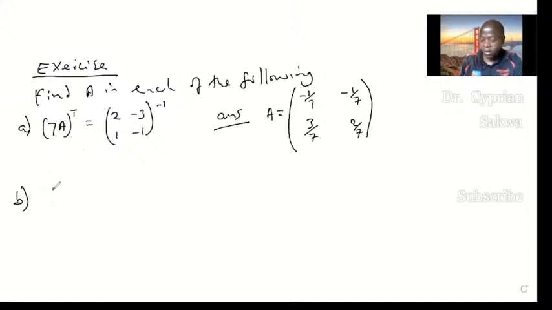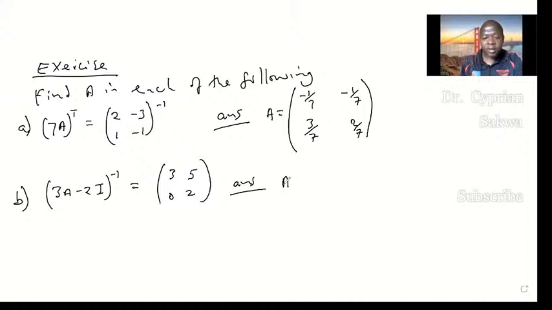The other question is 3A minus 2I, the inverse of this is the same as 3, 5, 0, 2. So find A. And what is my answer to this question? My answer is that A is 7 out of 9, negative 5 out of 18, 0, 5 out of 6.